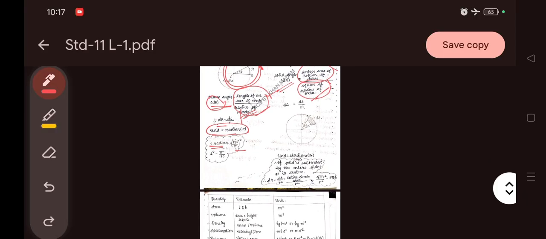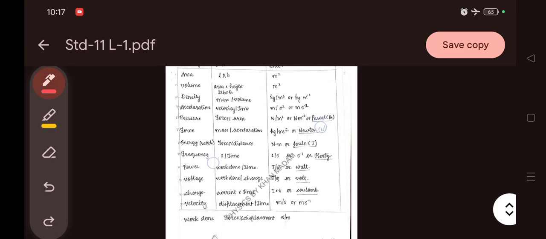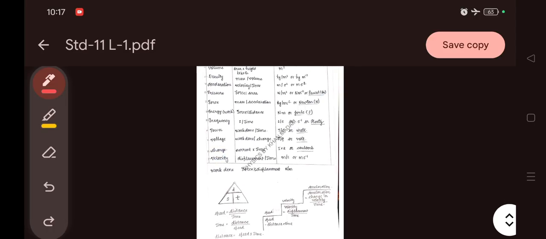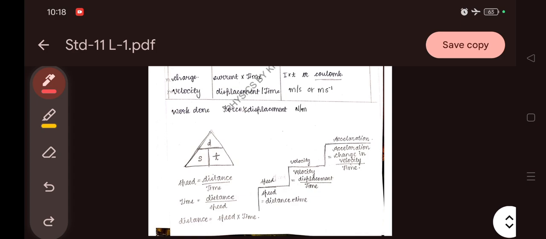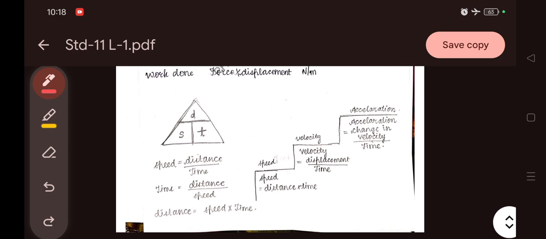Now there are different examples of derived units that I have given here. Before that, just to make sure that you have a good basic foundation to study physics, I have made a small tip or trick. This is a triangle.